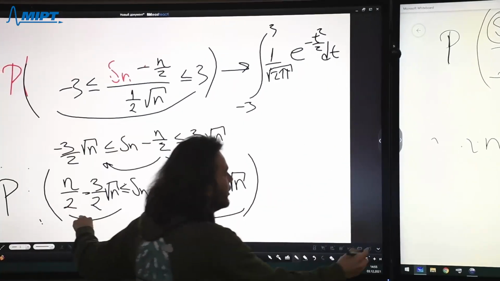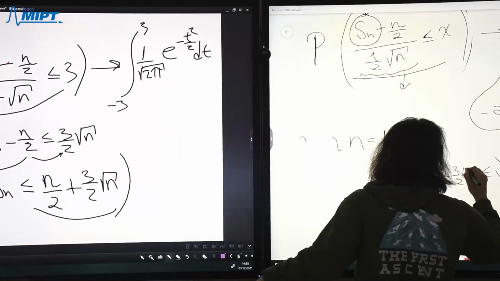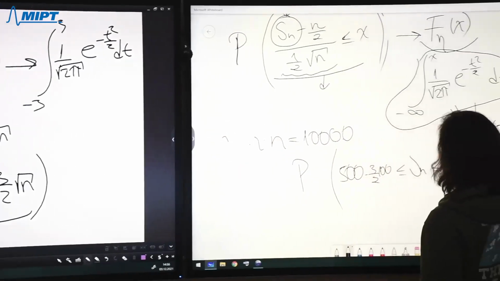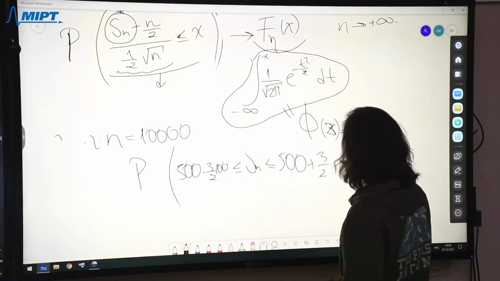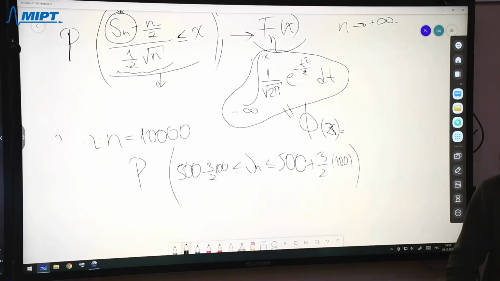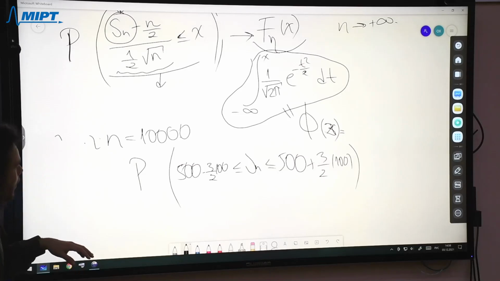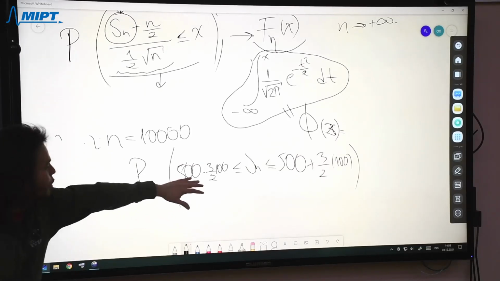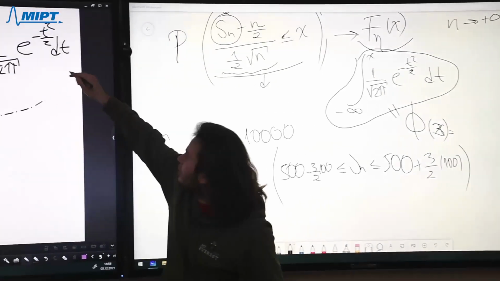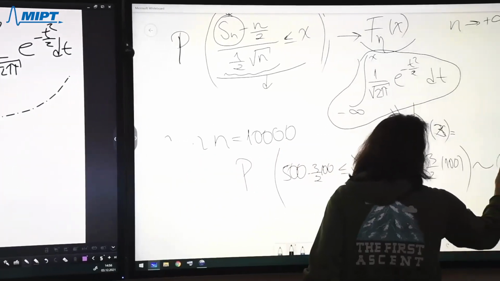So that this is between 500 minus 3 over 2 of 100, right? And 500 plus 3 over 2 times 100, right? We are looking at the probability that the random variable is about 500. And using this, right, we are going to find that this is about 0.9 something.